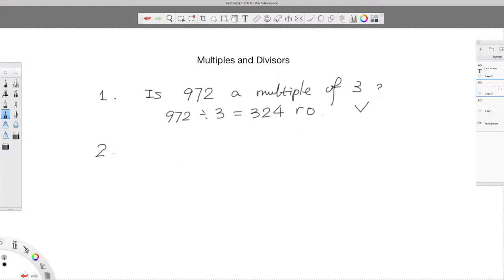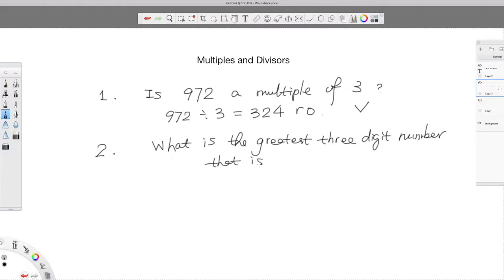Let's look at problem number 2. What is the greatest 3-digit number that is a multiple of 7? Okay, for this problem, how should we think?